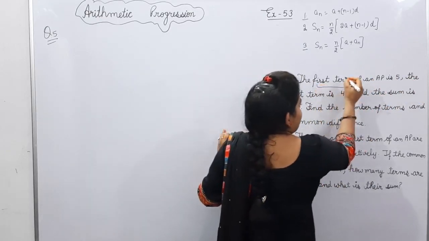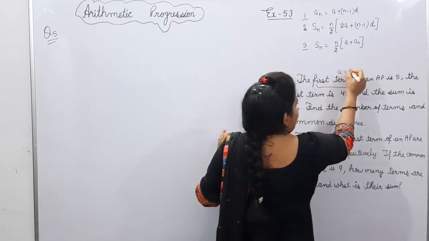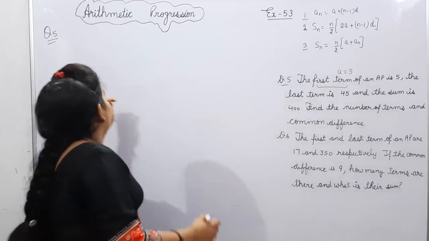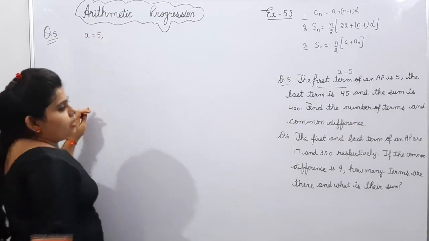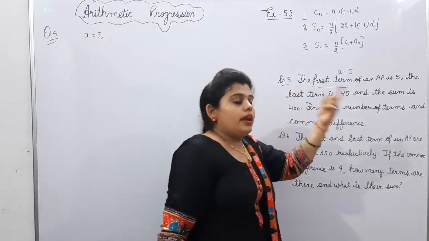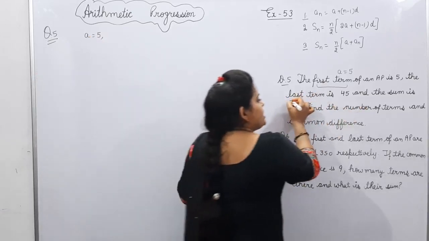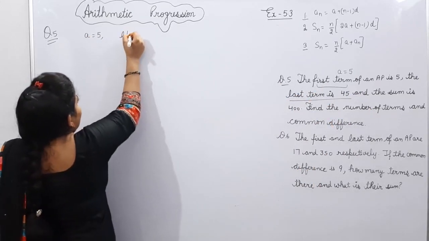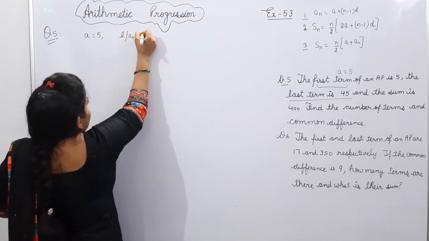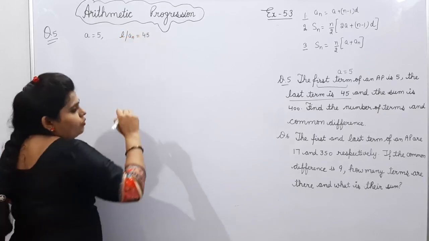It means a is equal to 5 is given. And the last term is 45. We represent last term by l or an and it is equal to 45.